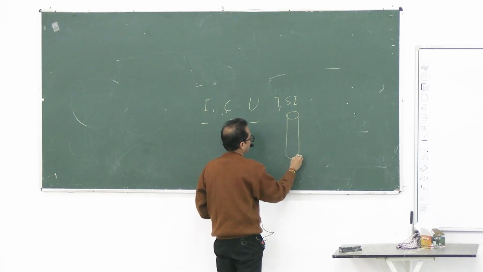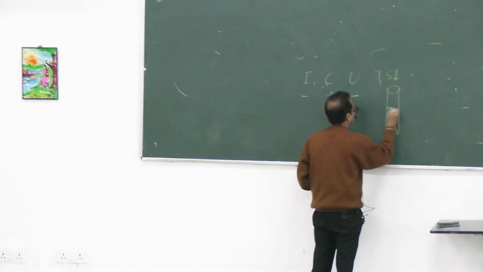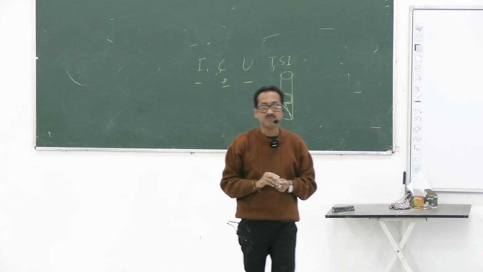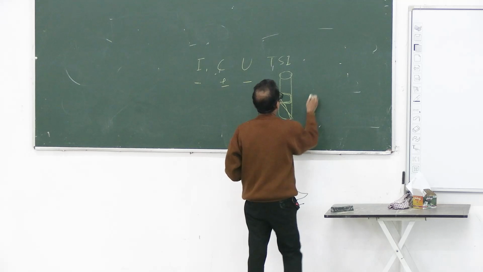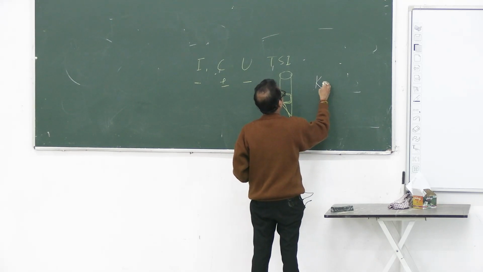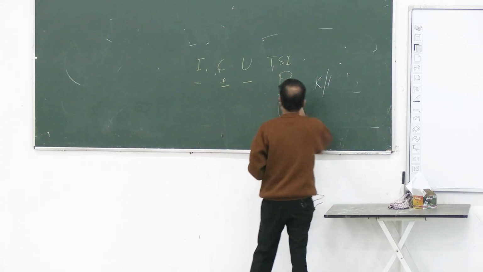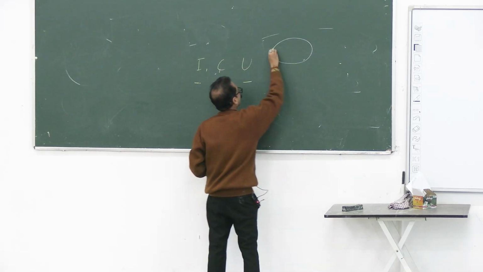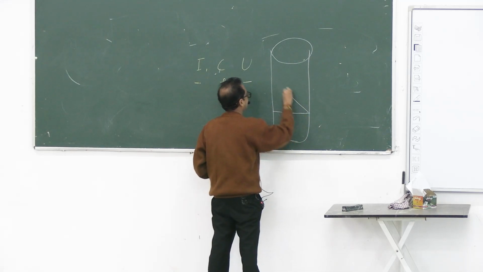TSI media there is one slant and there is also a butt. These two parts of TSI media are like this, and that is a typical sign, you remember, the moustache sign. There will be K by A, that means alkaline slant over acid butt. I am drawing the TSI bigger, you can see this is TSI, this is the butt and this is the slant.